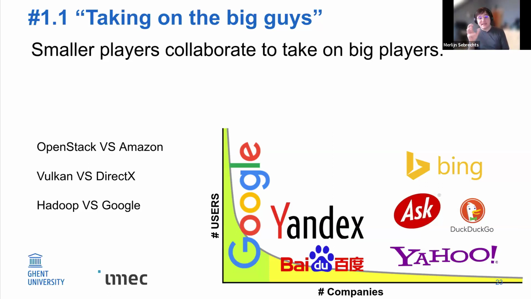Hadoop, for example, is a big data processing project that was created by Yahoo as a piece of open source software in order to be able to build a search engine that can take on Google.